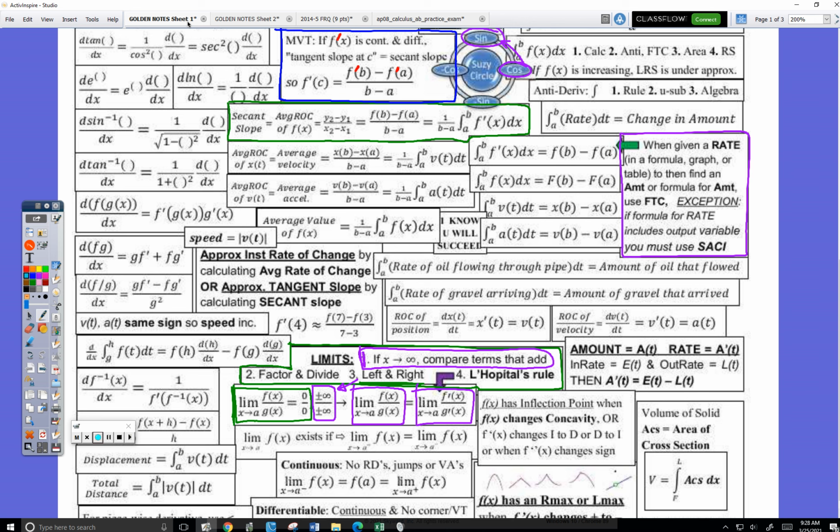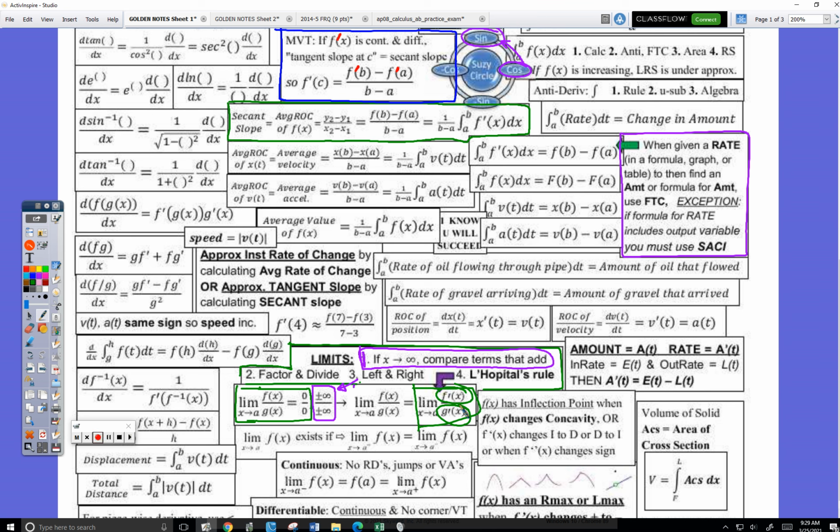L'Hopital's rule says if what you see here in green occurs, you try to find the limit, and you end up with a 0 over 0 limit, create a new limit problem. The new limit problem is simply the derivative of the top alone divided by the derivative of the bottom alone. So you treat them completely separately. Does that answer your question?